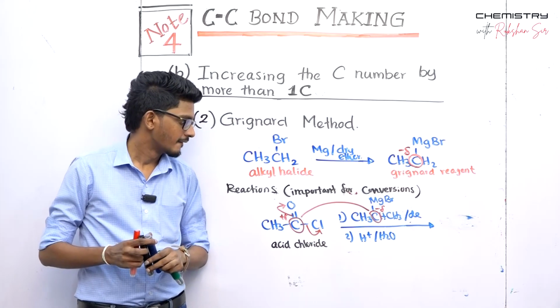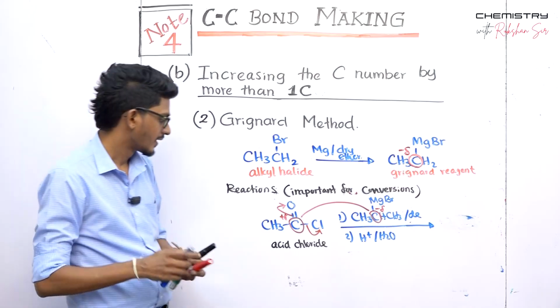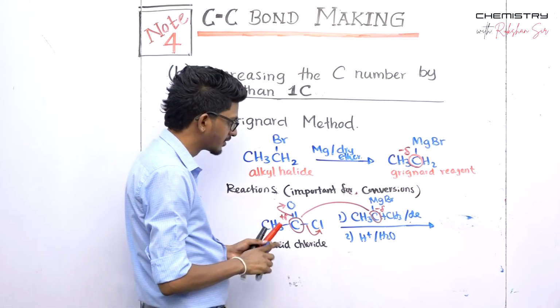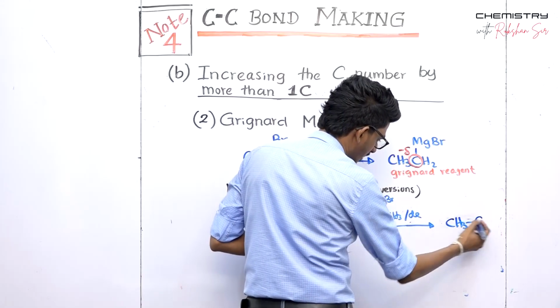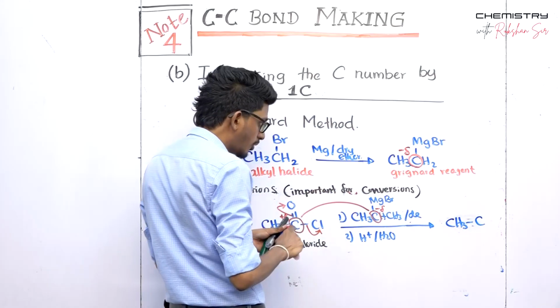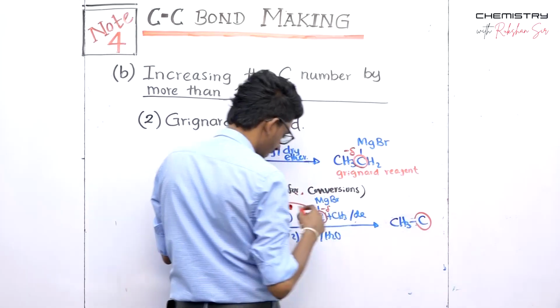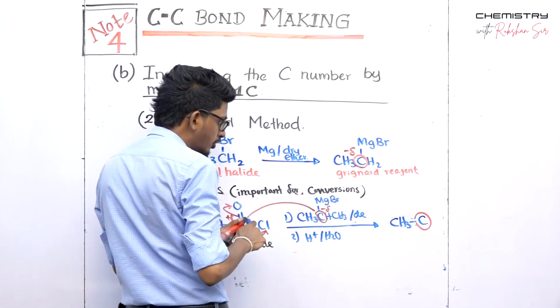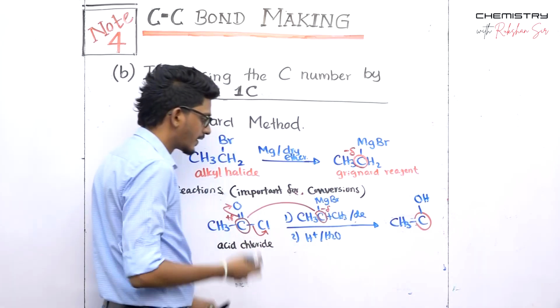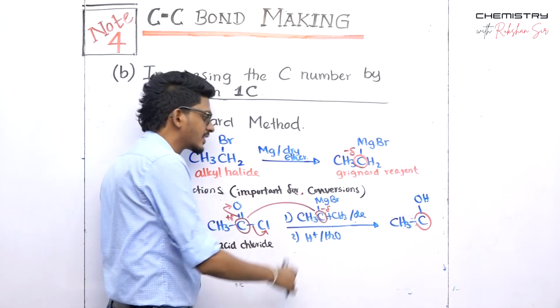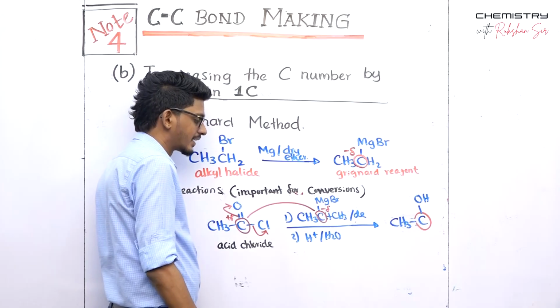As the reactive carbon of the acid chloride is losing 2 bonds, instead of those 2 bonds, 2 Grignard sections will attach.